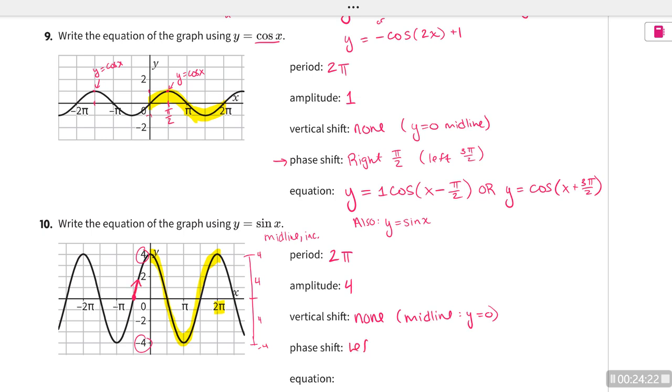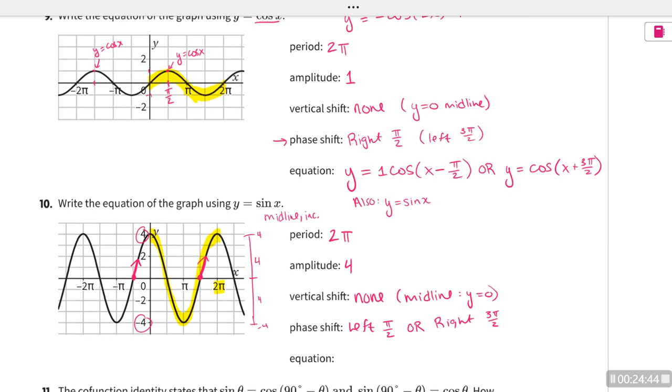Since that's off to the left, I could say it's left pi over 2. Or right here we're at the midline going up, so I could also say it's right 3 pi over 2. I could keep doing that and list so many possibilities here.